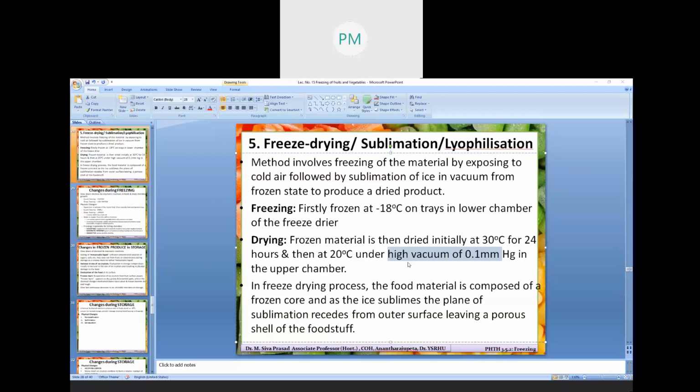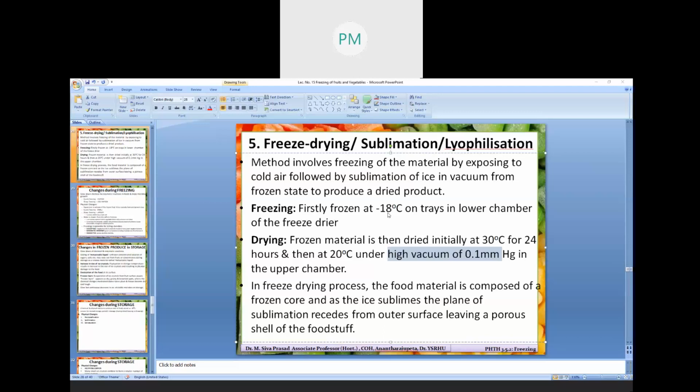So here, in the case of freeze drying, the product will be frozen at minus 18 degrees Celsius, right? And then ice will be formed. So this ice has to be removed without allowing it to convert into liquid. So by sublimation.